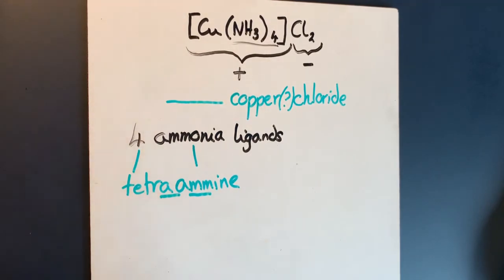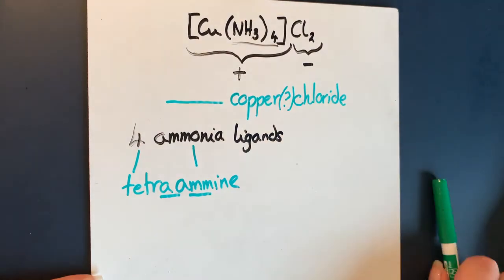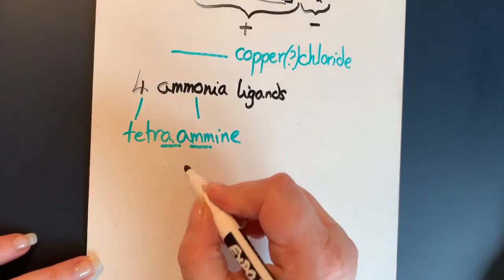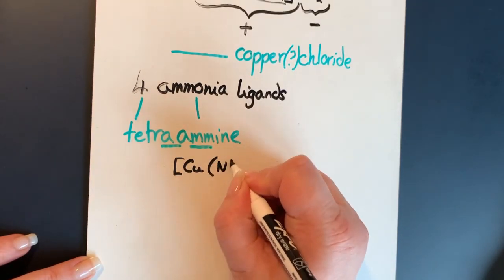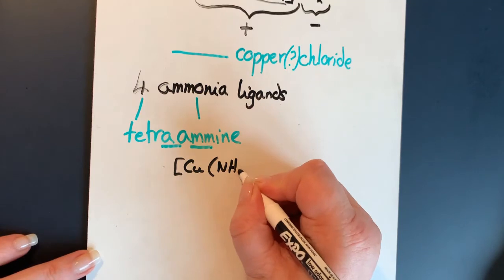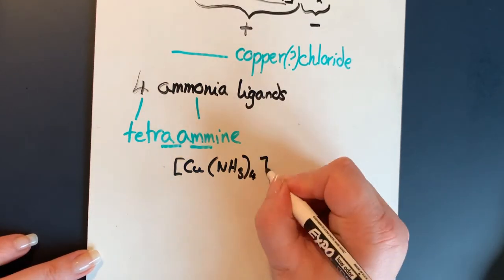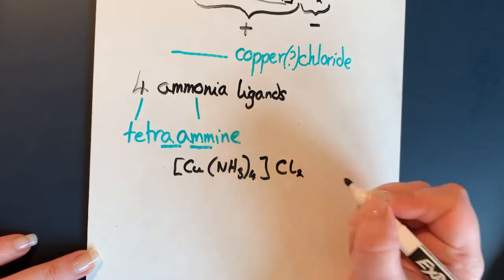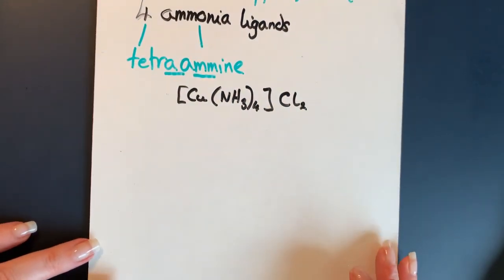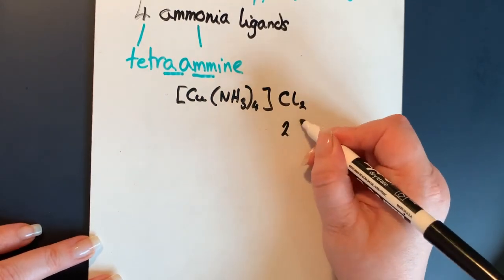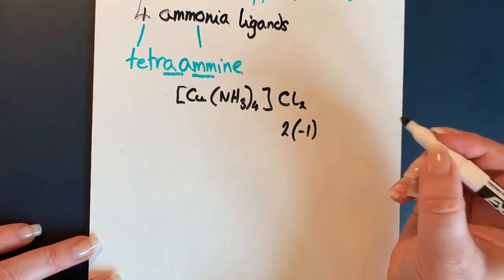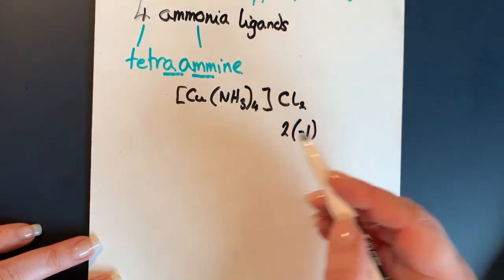So we now have tetra, amine, copper, something, chloride, but what's the charge? So, looking at this formula again, we need to find the charge on the copper. So that's back to working out the oxidation state that we were doing in a previous exercise. We've got 2 chlorines, so that's 2 lots of -1 because the charge on the chlorine is -1.